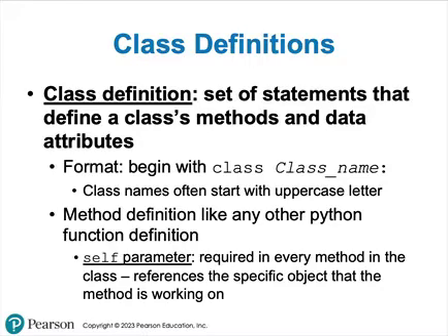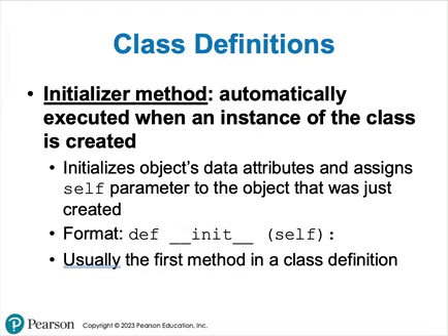The method definitions are pretty much the same, with the exception that when you call methods, there's this thing called self. It is a parameter, and it basically references the current object. So it's yourself, if you will. A lot of times you'll say self.method to call one of your internal methods.